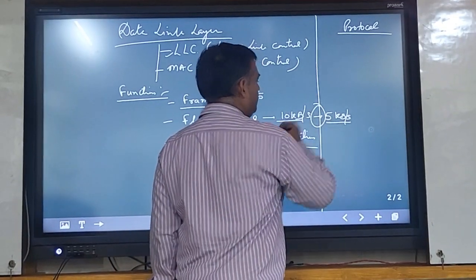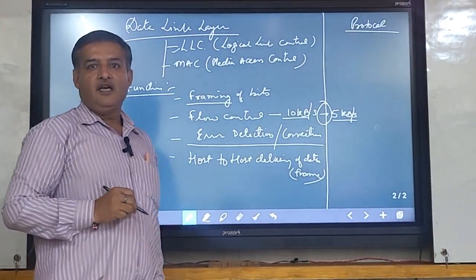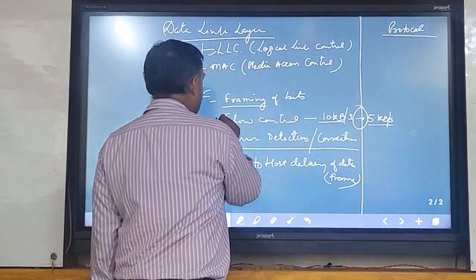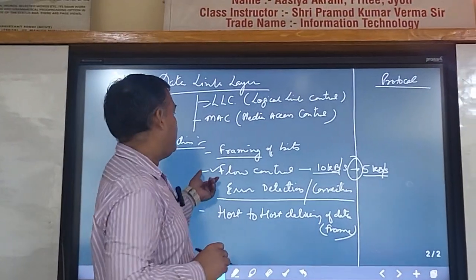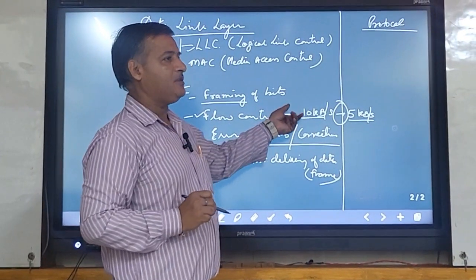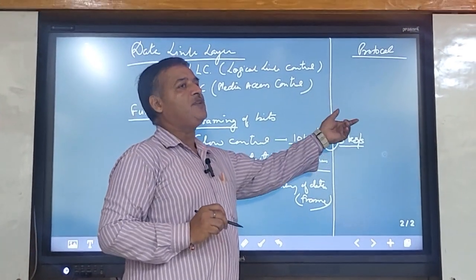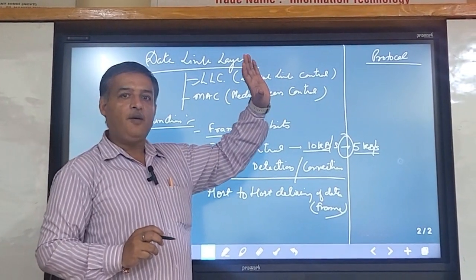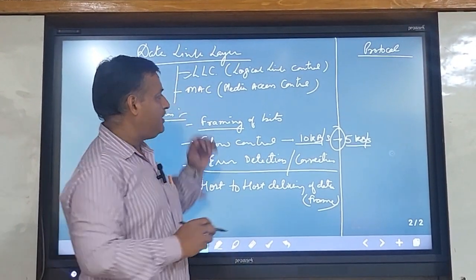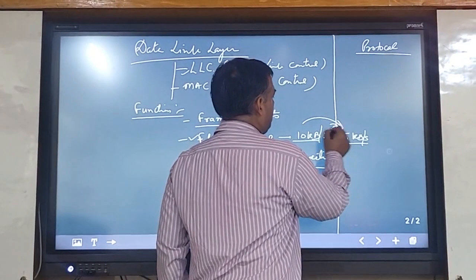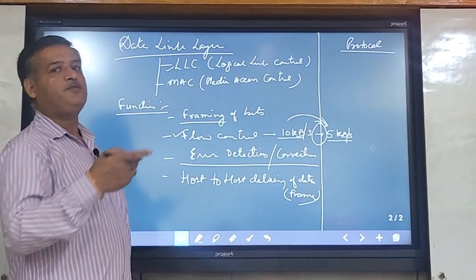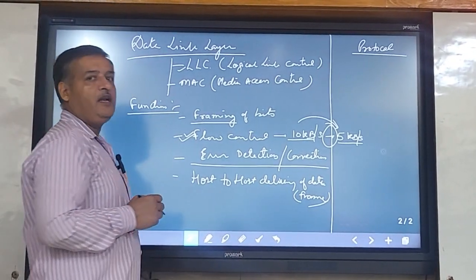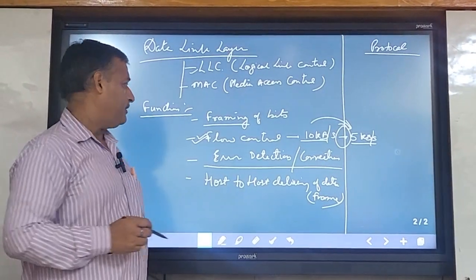So how can the 5 kb difference be compensated? When a particular frame is to be transmitted, it makes sure that the receiver end is in a compatible position to receive that data. Only then will the next frame be considered. So this flow control is handled by the data link layer.